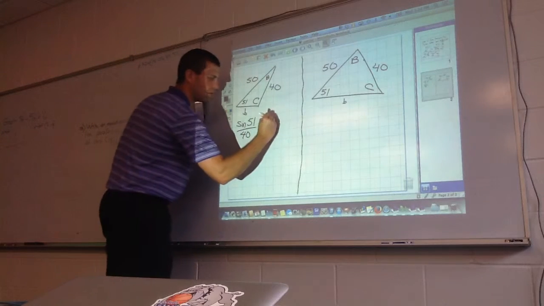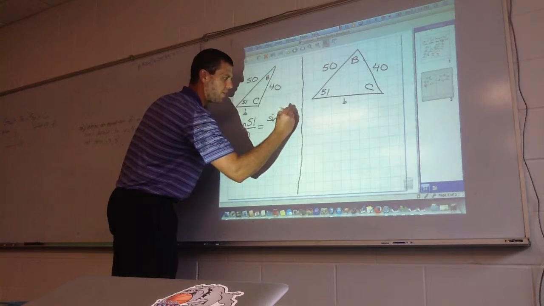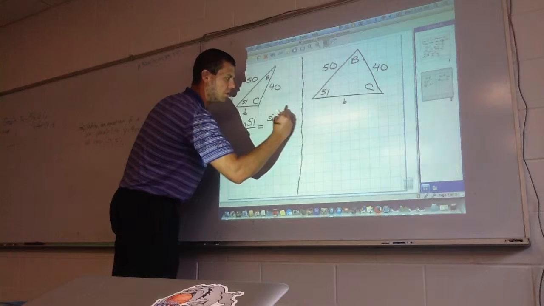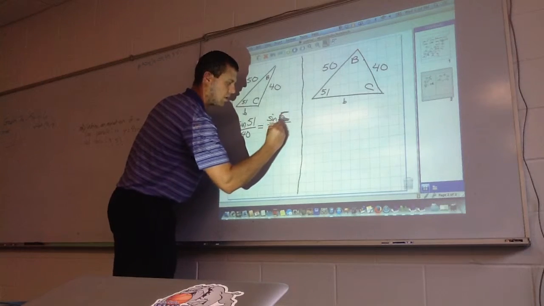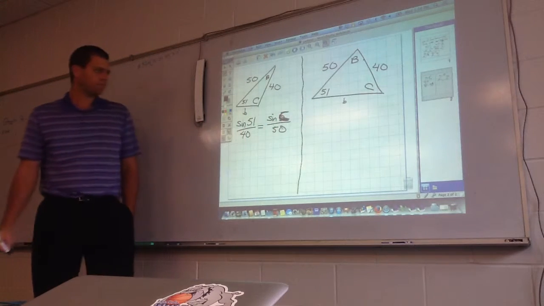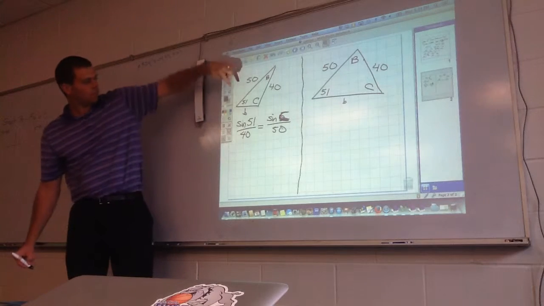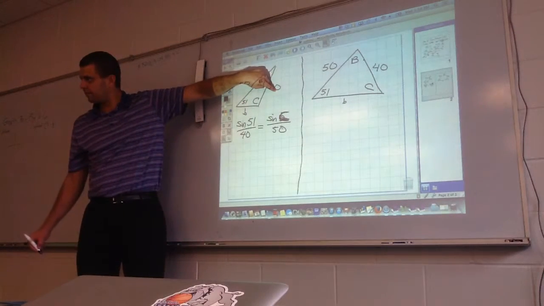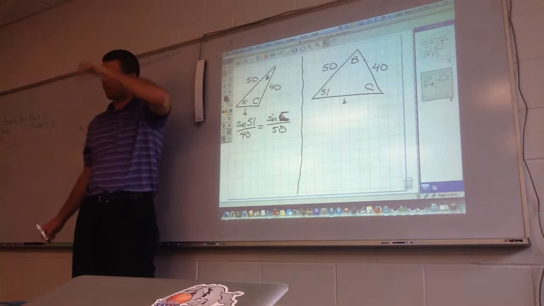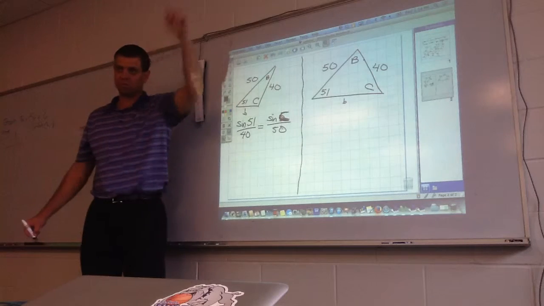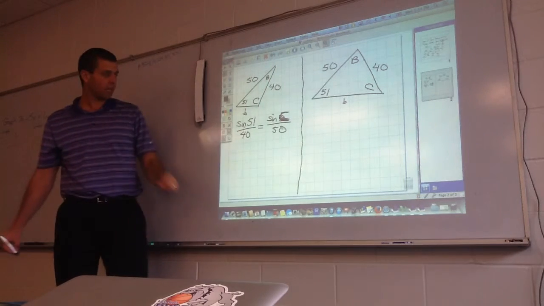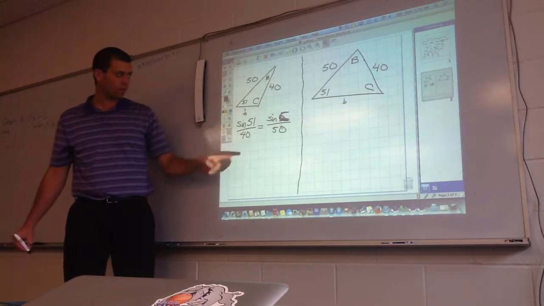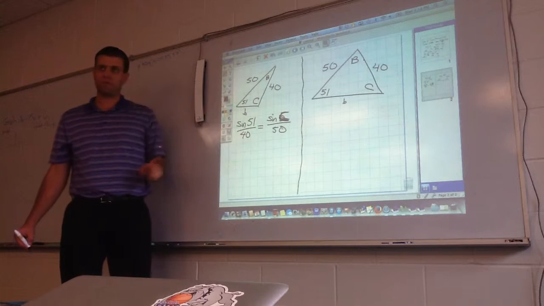Good, sine of C over 50, using my law of sines, right? Sine of 51 over 40, so the sine of A over A. Remember this from 2 days ago? Sine A over A equals sine B over B equals sine C over C. Okay? So sine of 51 over 40 would equal the sine of C over 50.